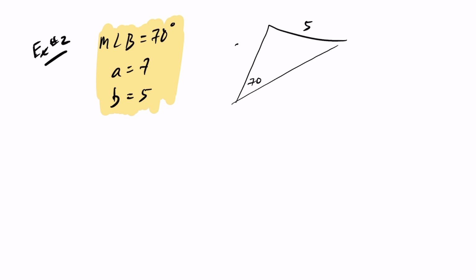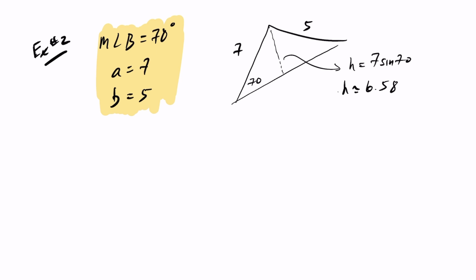This will be 5 and this will be 7. Again, I have side-angle. And then I'm going to check out this length here. If I calculate the length this time, my h is going to be 7 sine 70. And my h value comes out to be 6.58 as the length here.